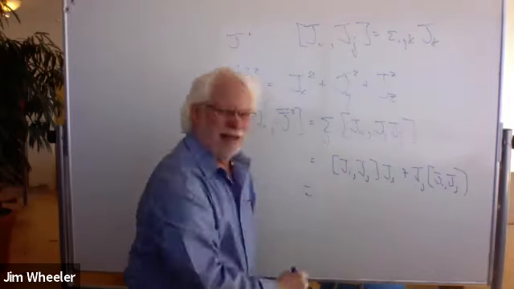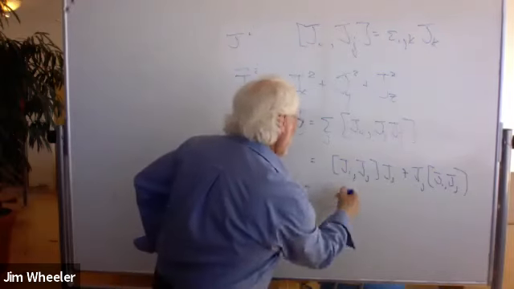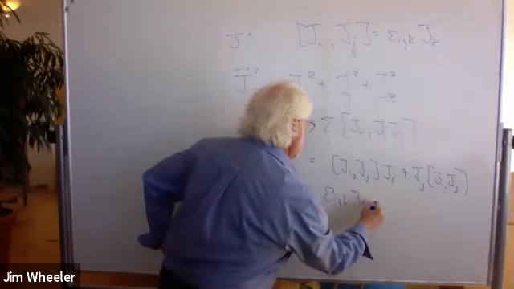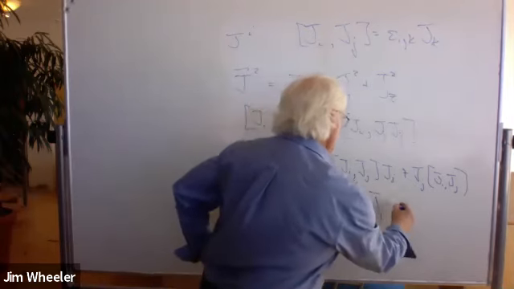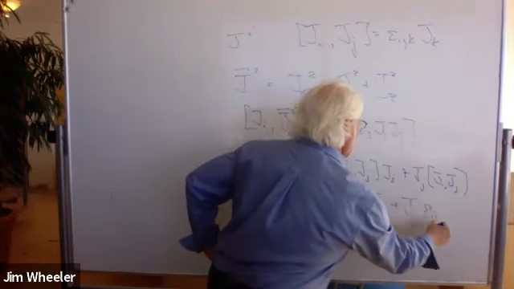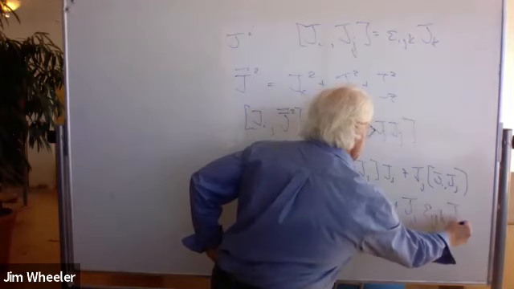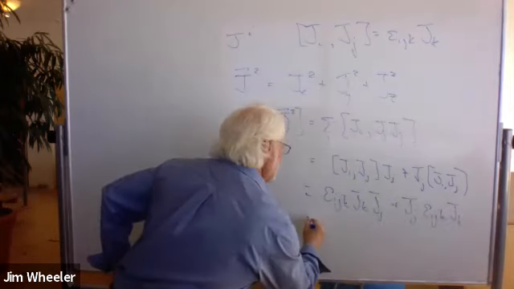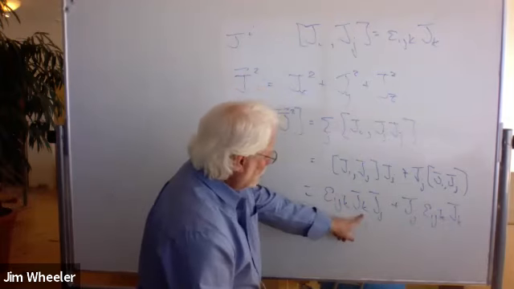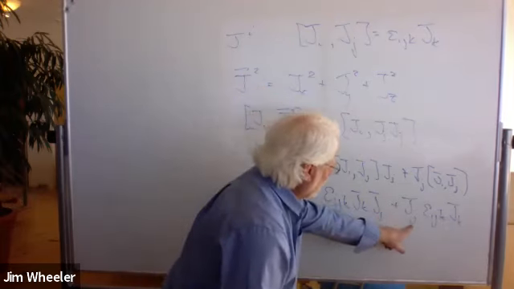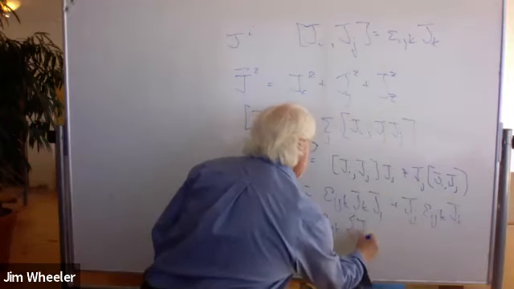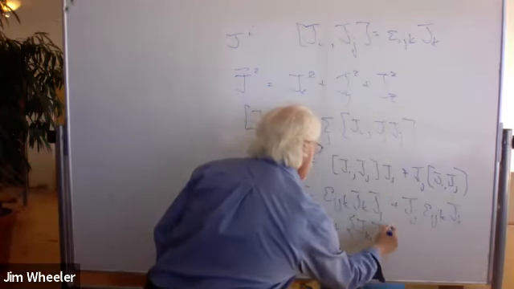Okay, so working this out, this is epsilon_ijk times J_j J_k plus J_j J_k. So I can write this as epsilon_ijk times the anti-commutator of J_j with J_k.